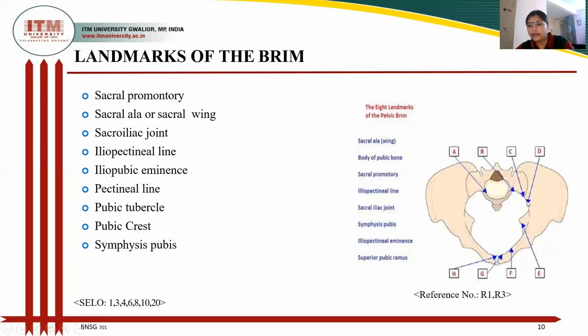You can see a black line where C is pointing. What do we call this particular line? Sacroiliac joint. We have already seen this joint. The sacrum is attached on both sides to the ilium, so that's why it is the sacroiliac joint.